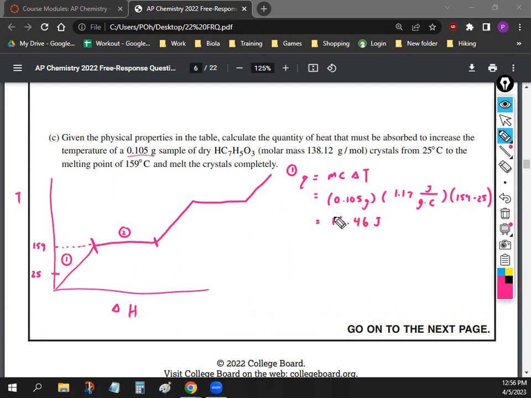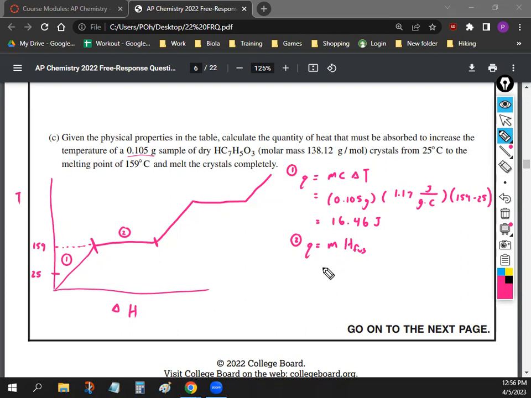Okay, for the heating. For the second one, this is a lot easier. It's just going to be the mass multiplied by the heat of fusion. Oh, sorry, but if you take a look at the table, the heat of fusion is given in moles, right?